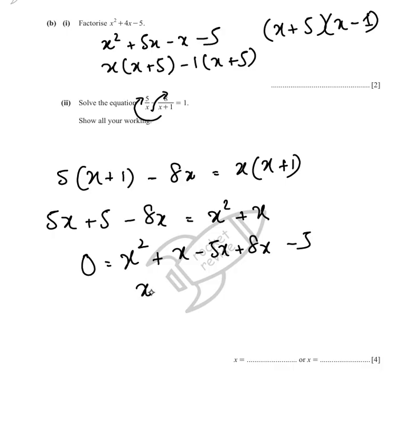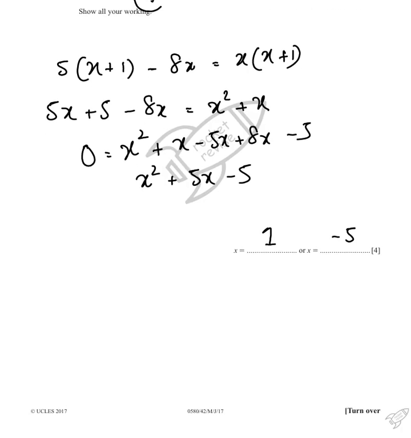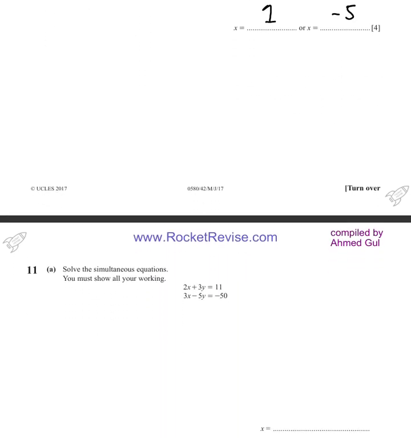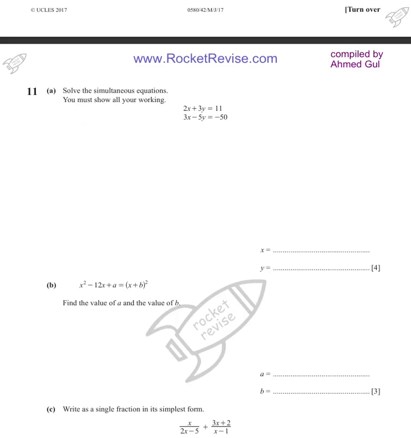So this becomes x squared plus 5x minus 5. Solve this question, tell me what are the answers for x that you get. 1 and minus 5, okay. We're going a bit quick because by now this should be well memorized to you.